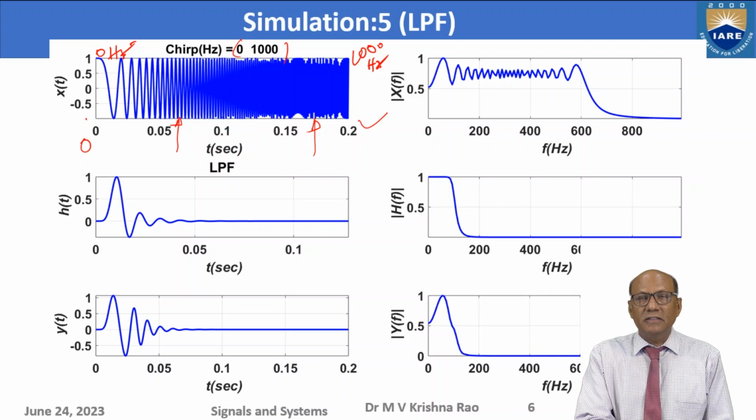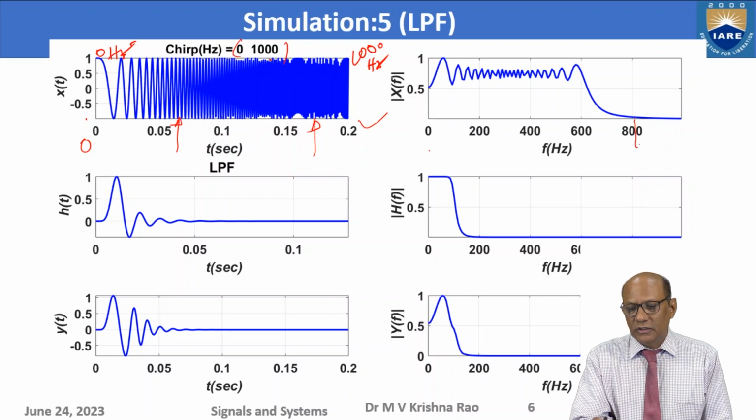Now when I take the Fourier spectrum of this signal, I am showing here the magnitude spectrum, and you can very clearly see that it is spanning from 0 to usually up to 800.